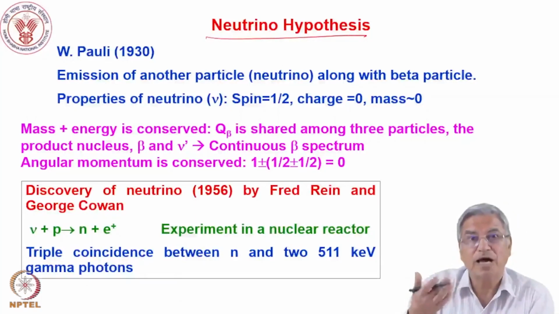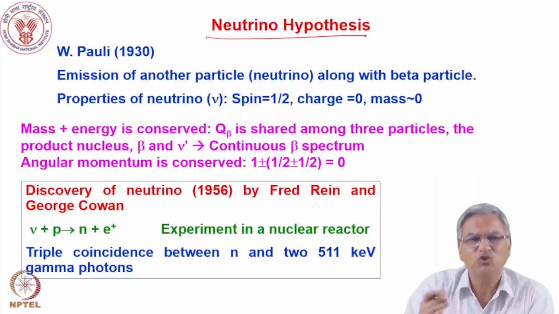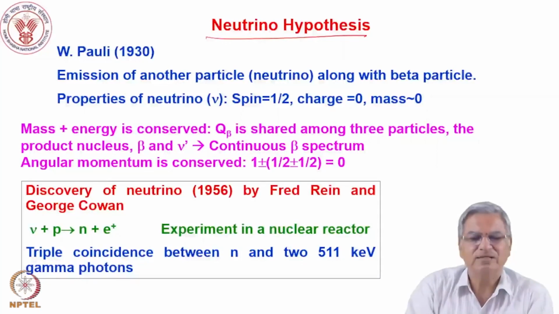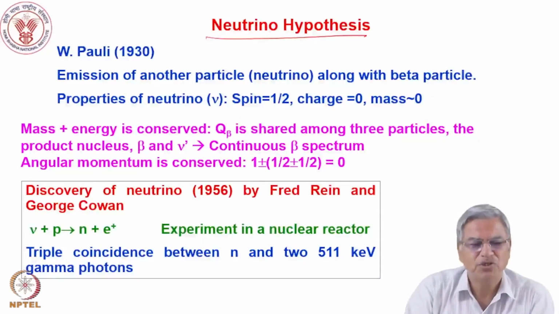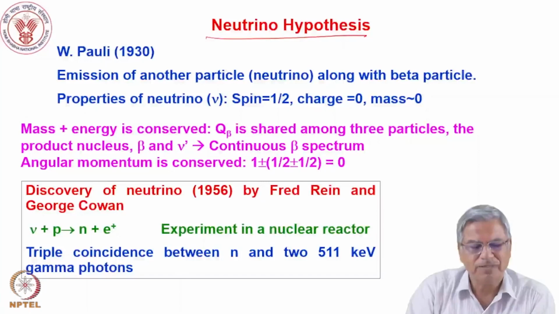It was a hypothesis. Wolfgang Pauli proposed that there has to be one more particle emitted along with the beta particle in beta decay, and that particle he named the neutrino. So two particles are emitted along with the residual nucleus that is formed.